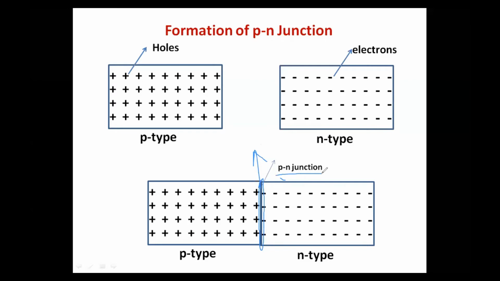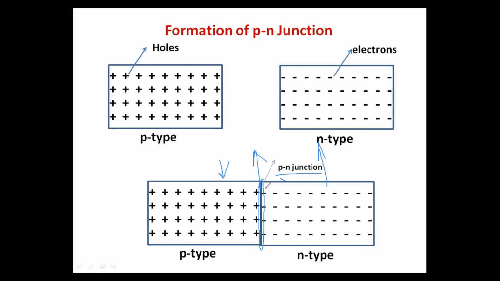Let us see. In n-type material, the majority carriers are electrons, whereas electrons are minority carriers in p-type material. That means the concentration of electrons is higher in n-type material, whereas the concentration of electrons is lower in p-type material.